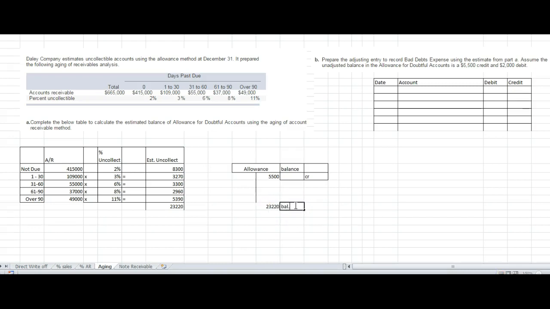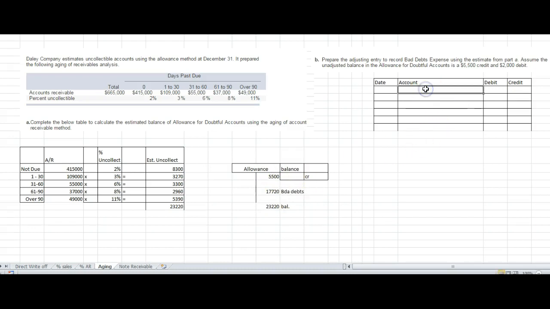So what you figured here is the balance. What you're going to calculate here is the bad debts. We have 55, we need 23. So what's my adjusting entry going to be? Well, it's going to be the 23 minus the 55. So this becomes my bad debt expense.